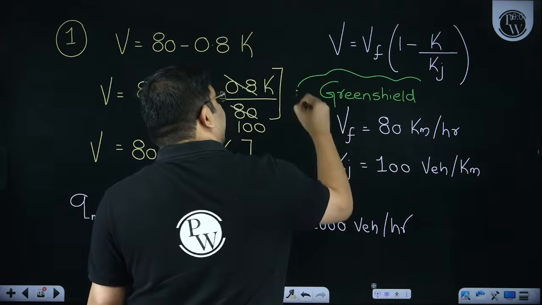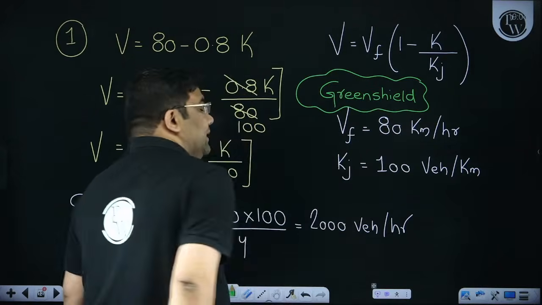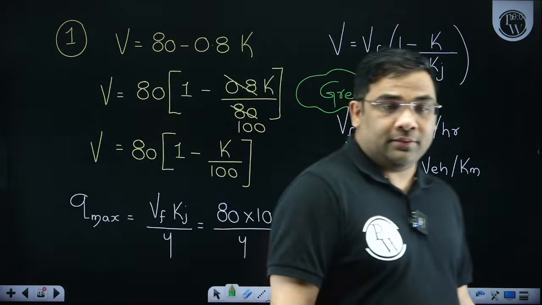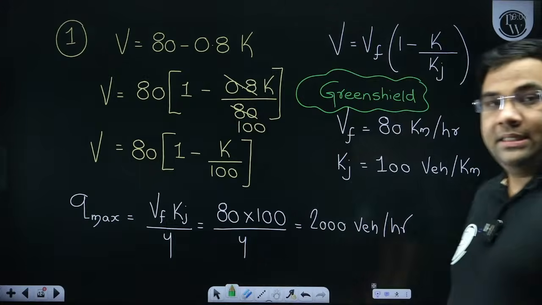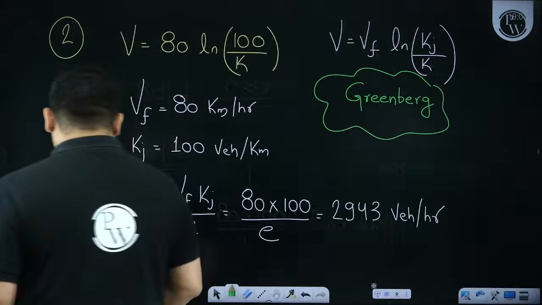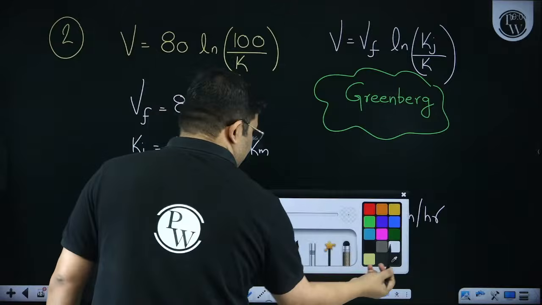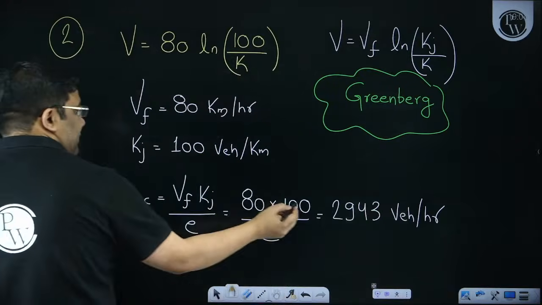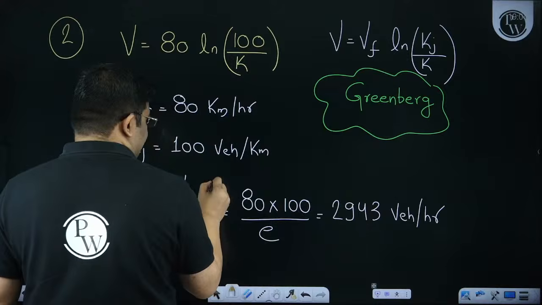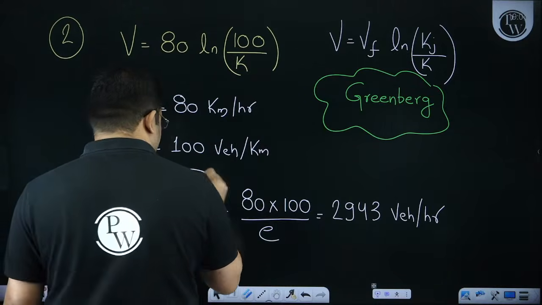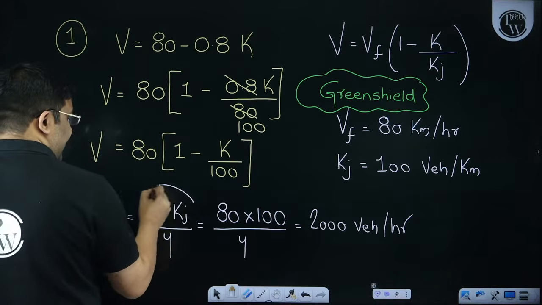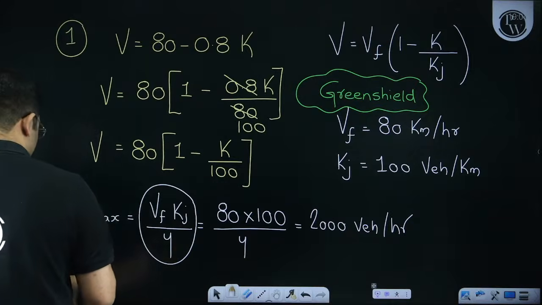Here we saw that maximum flow equations are different. Here it is Vf into Kj by e, and here it was Vf into Kj by 4.